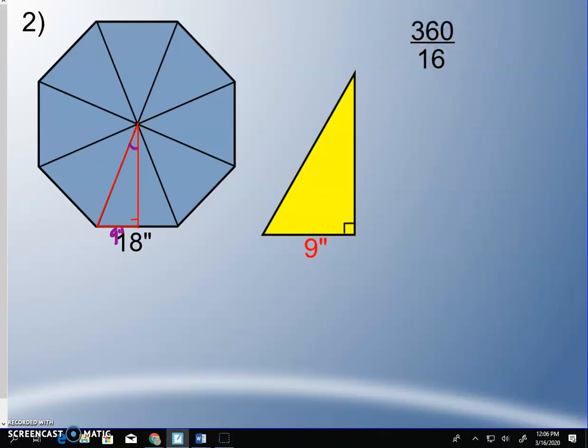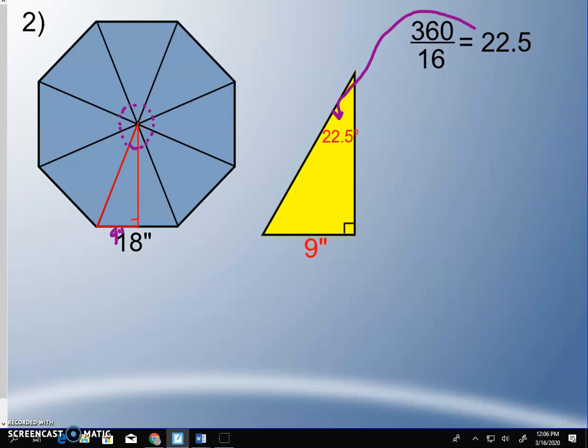There are 16 of these little red triangles in this 8-sided octagon. And of course, if we rotate all the way around the center, that's 360. 360 divided by 16 tells me that this angle right here is 22.5 degrees.